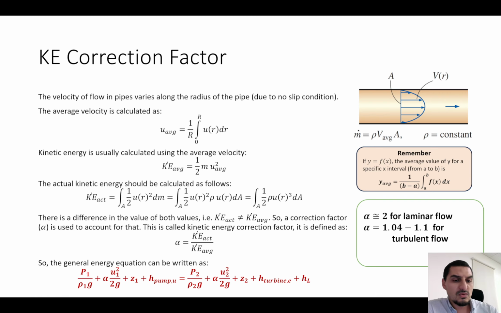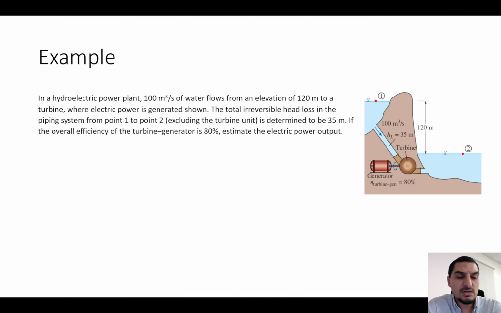So this is all. Now let's try to solve a couple of problems, just to practice more on the modified equation and see how we can apply it on cases that were not possible before modifying the equation.